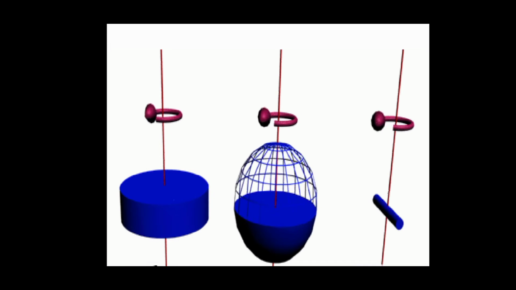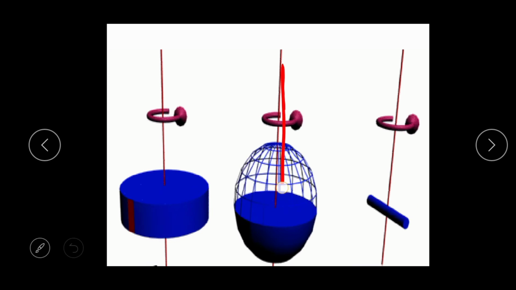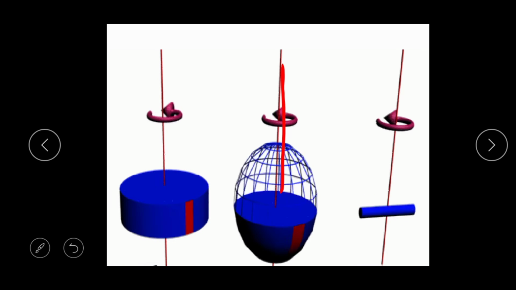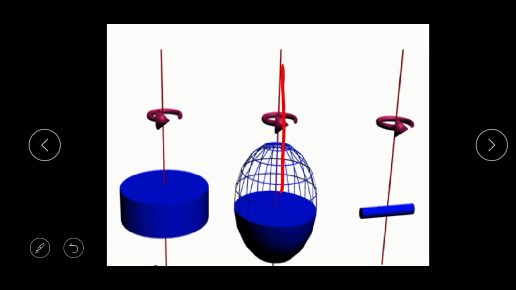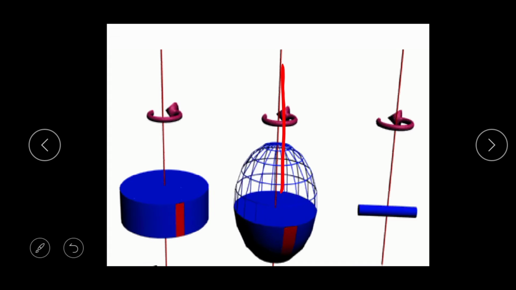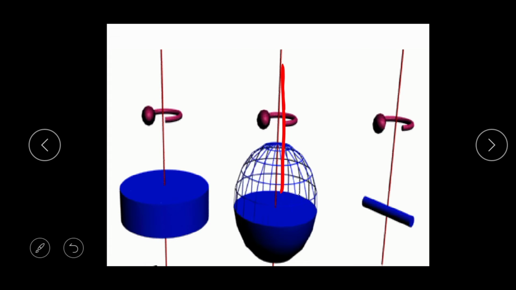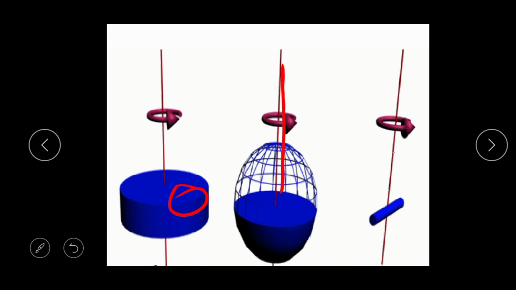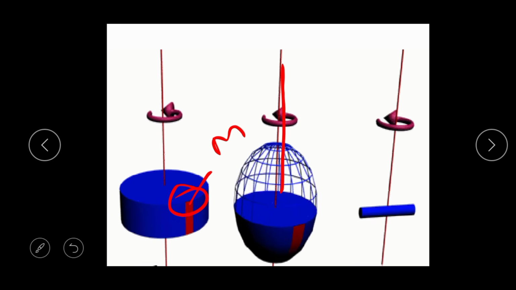Here you can see the application of torque about the specific axis. The axis may be internal or external or may not be fixed. The moment of inertia, however, is always specified with respect to the axis, and it is defined as the sum of the products obtained by multiplying the mass of each particle in a matter, that you can see here.